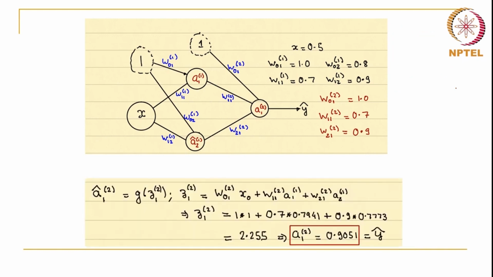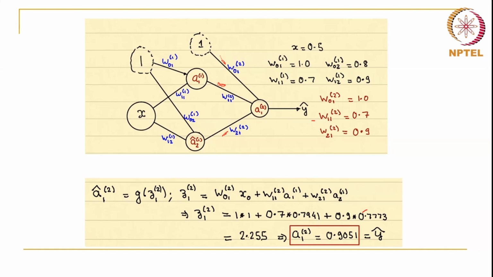Okay. Let me reveal it. So we do the same thing as before. Now this neuron has three inputs, one from the bias, one from A1, one from A2. We do the same thing, summation of Wixi: weight multiplied by the bias, 1 times 1, plus this weight multiplied by the activation, 0.7 times 0.7941, plus this weight multiplied by this activation, which is 0.9 multiplied by 0.7773.